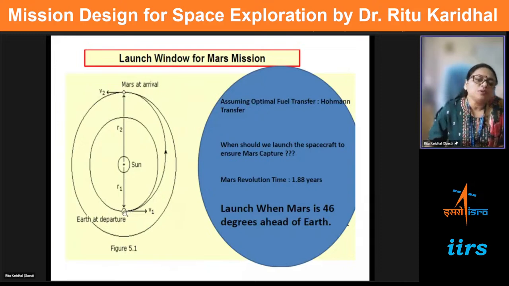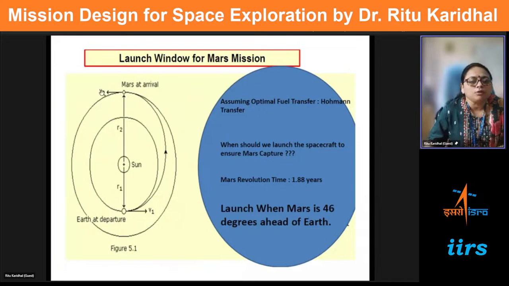So what happens is, when Earth is here, Mars is somewhere else; this is geometry. If you say Earth is at the departure point, we have to ensure that my cruise trajectory, the Hohmann orbit, meets the Martian orbit somewhere. But it is not only that it has to reach the orbit. When I go into that orbit, Mars also should be at that point.